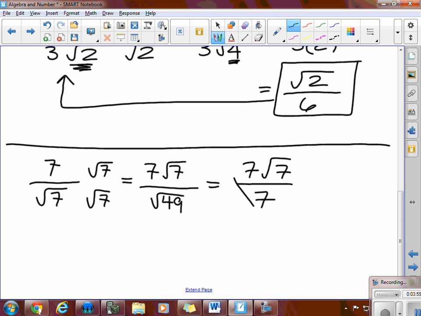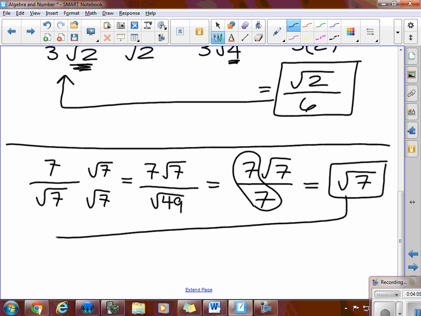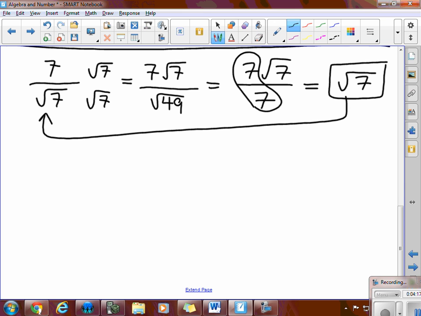And if you look at these two 7s, that's 7 over 7. I can divide that out, and I'm simply left with 1 times the root of 7. So this answer is the same as that, but now I do not have a radical in the denominator. And that is key when we're talking about fractions with radicals.